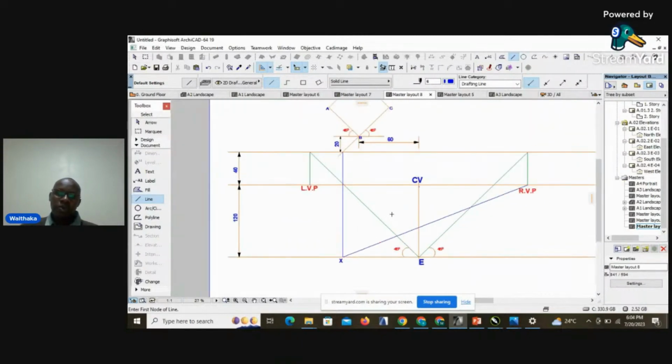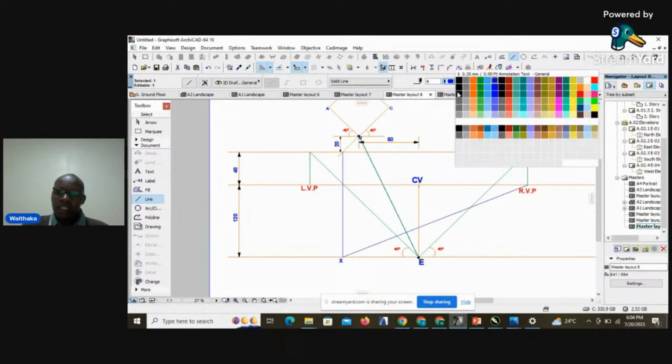Therefore, we will take point B and reference it with point E. We will draw a line from point B, referencing it with point E. Maybe I can change the color for that line so that we also are able to follow. Maybe I can use black.